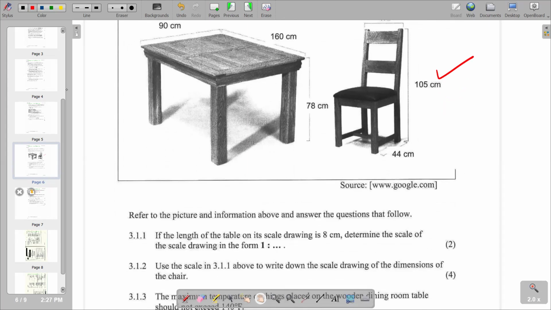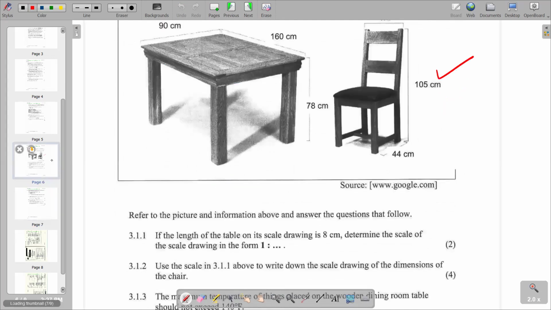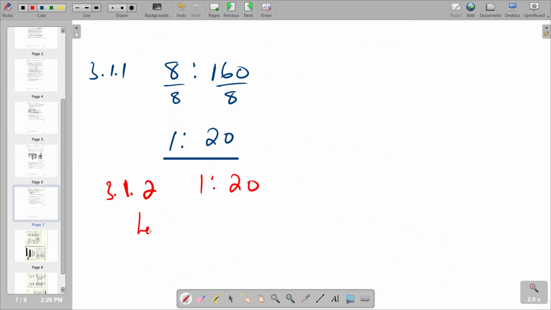So in other words, on the second part, which is our 3.1.2, we are still using 1:20. So we start with the length or the width of 44 centimeters.